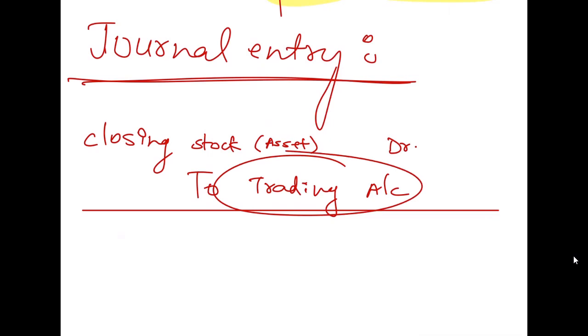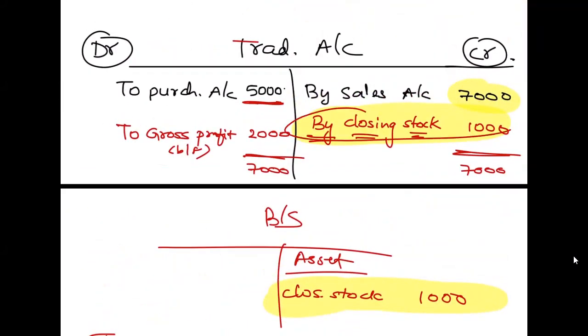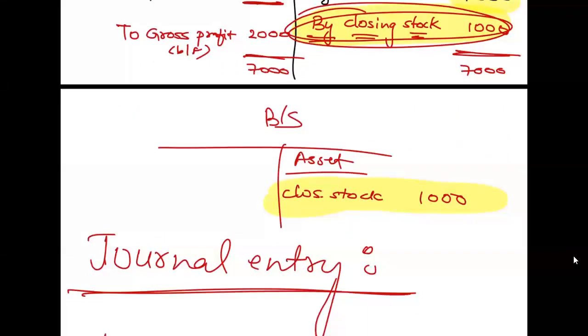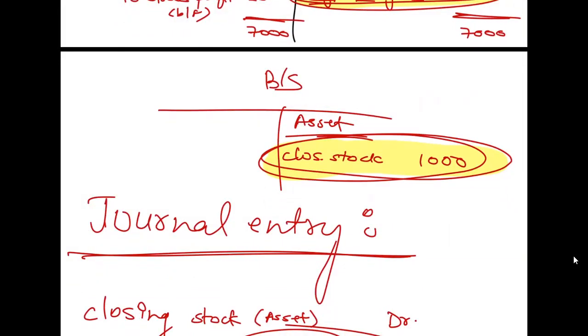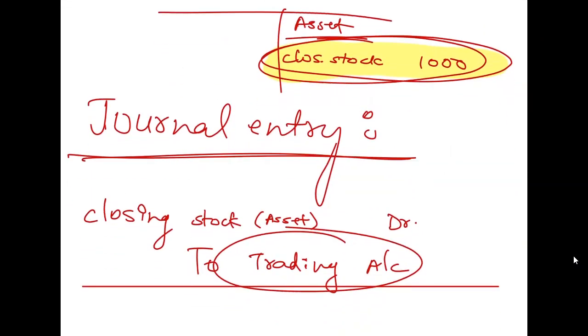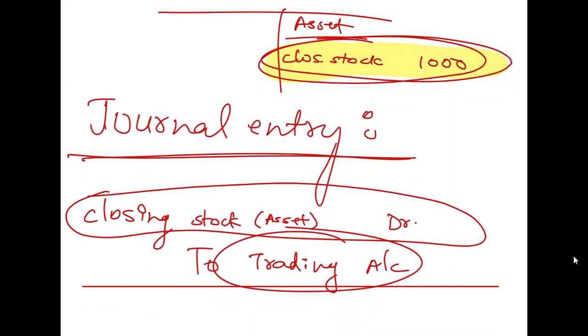My trading account will be credited. As you can see, it is credited by the closing stock. And here in the asset, it will be shown as a debit balance. So here closing stock is being debited. So these are the two effects of the journal entry.